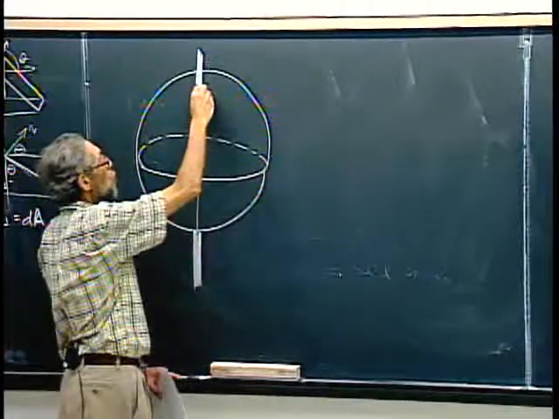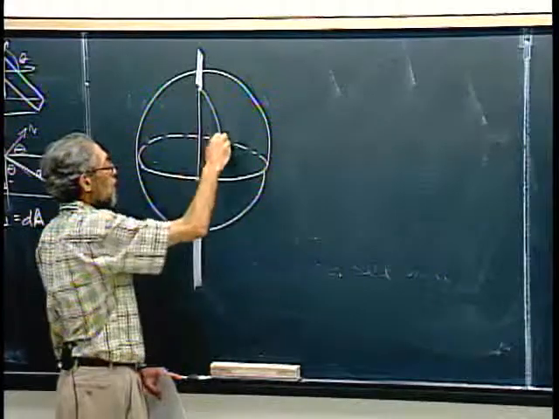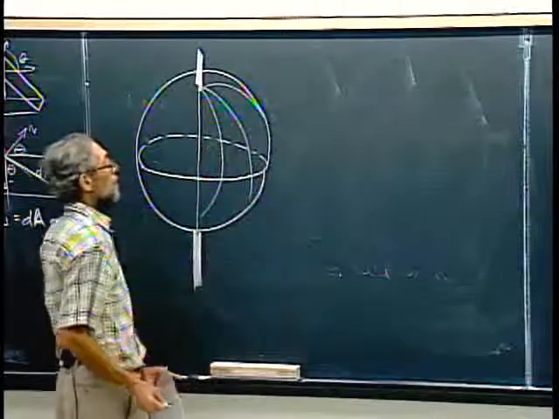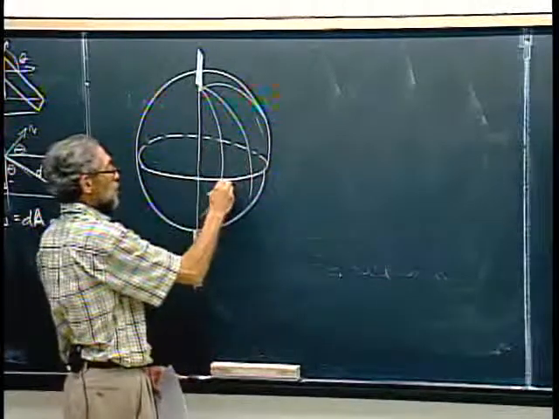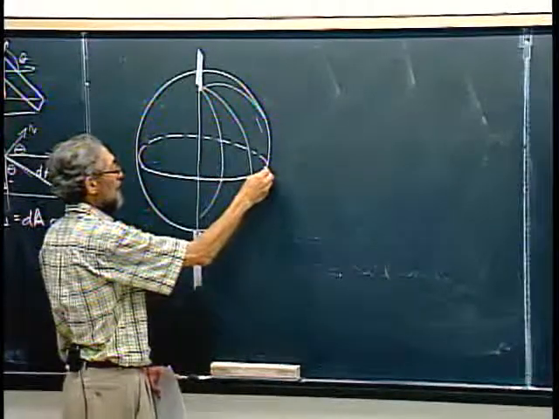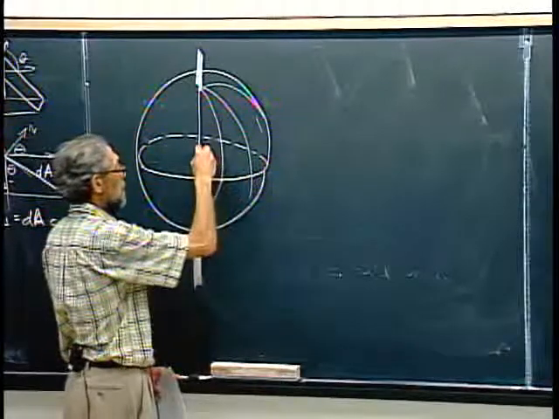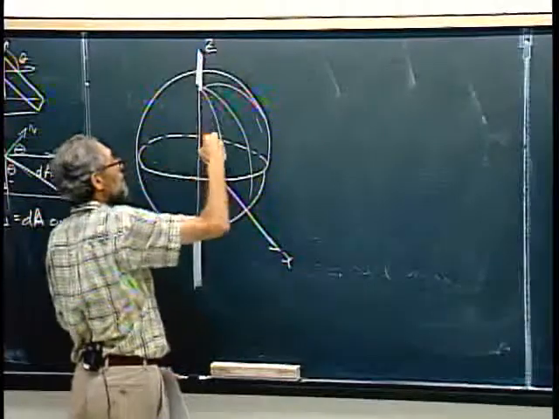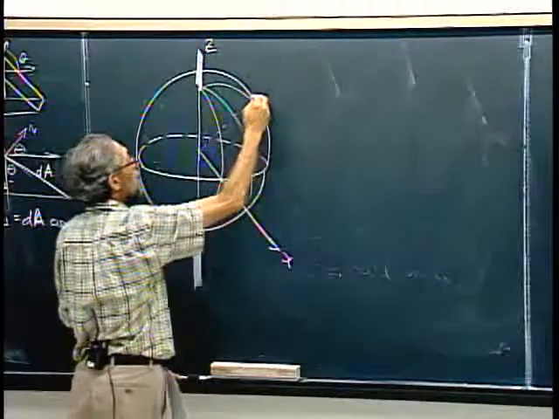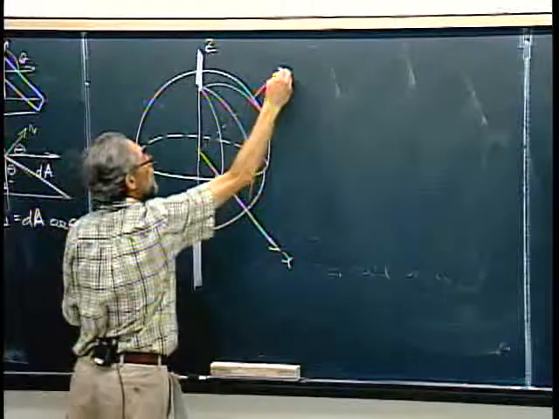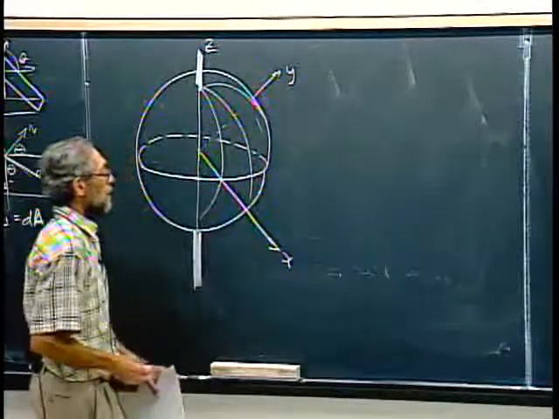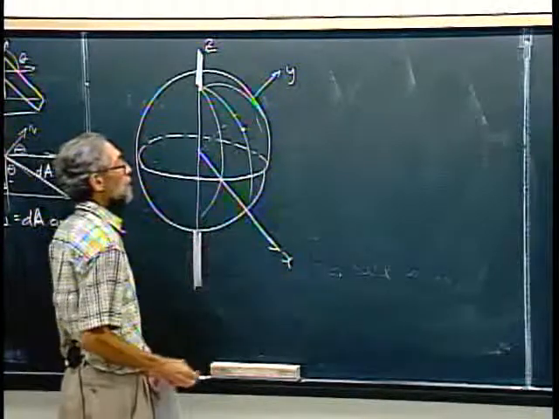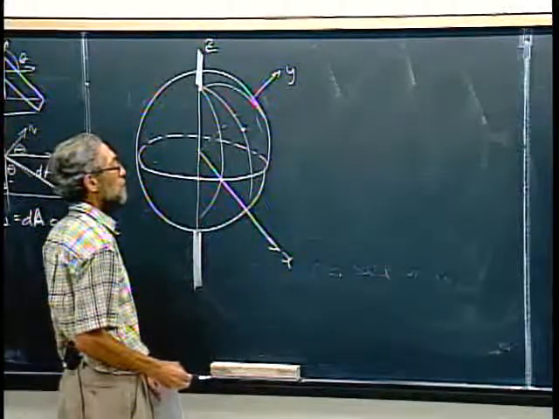So around the North Pole, we have all these arcs of longitude, right? And they intersect the equator at a certain point. Say the x-axis intersects the equator at this point here. And this is the z-axis, and the y-axis intersects it somewhere there. And now I want to measure, for any point on the sphere, two angles.